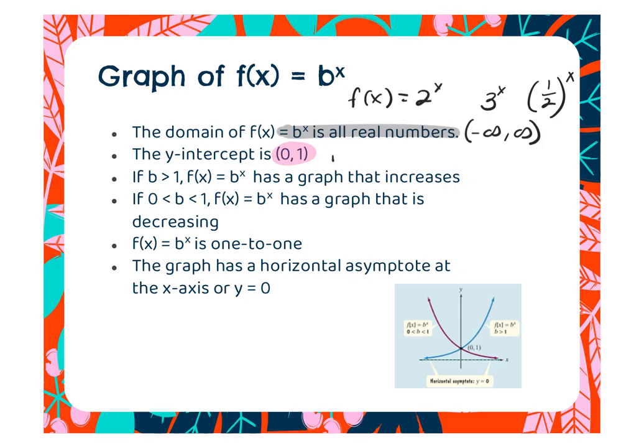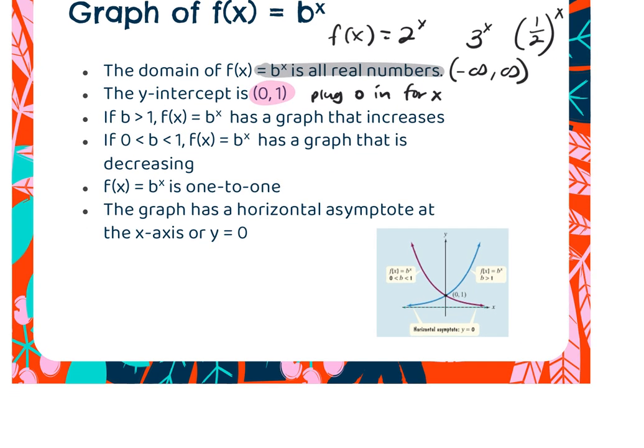We're not saying this is every exponential function, but in the parent function, my y-intercept would be 1. For anything else, we'll just plug 0 in for x, like we do every other time we're finding the y-intercept. b is the base of the exponential function, and if b is greater than 1, then the graph increases. That would be something like the blue graph in the right corner.